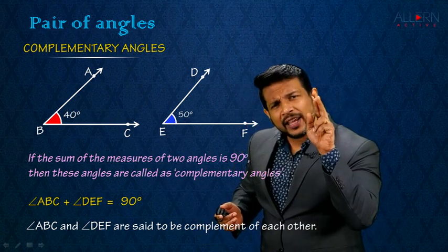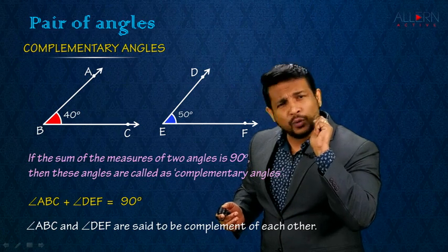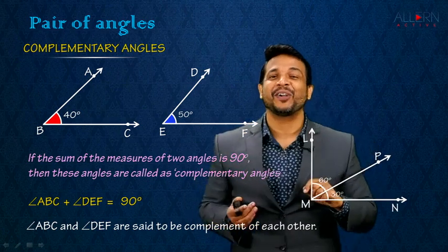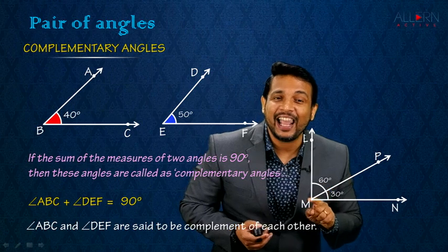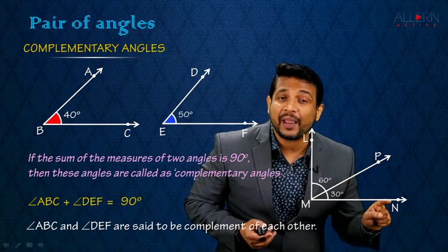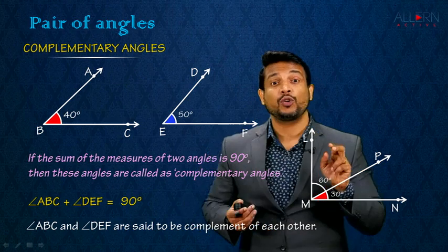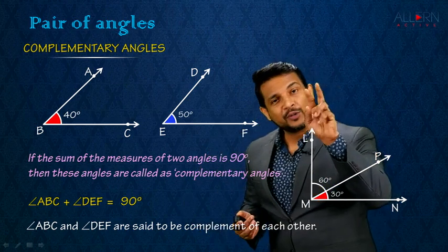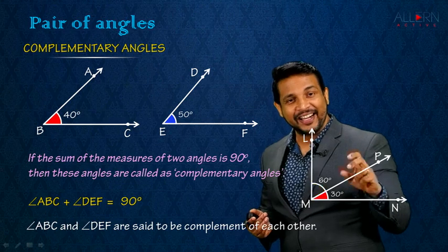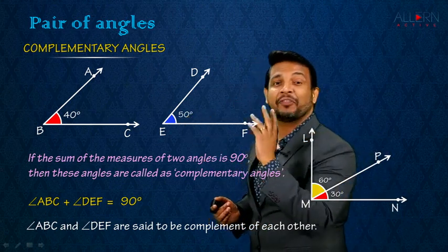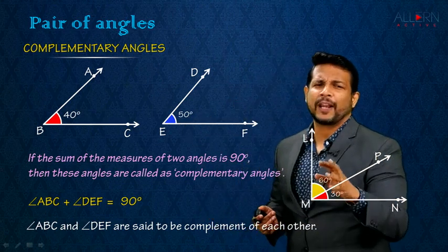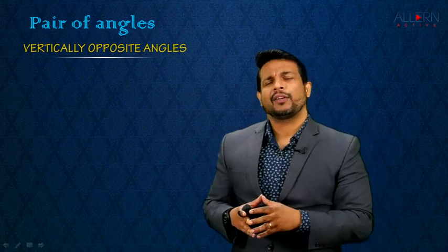Is that the only case when the angles will be complementary? No, they can be adjacent also. If you look here, angle LMP and angle PMN. One is 30, the other one is 60. When we add it up, we get 90. That means complementary angles can be adjacent as well as two different angles. Very simple, beautiful, right?